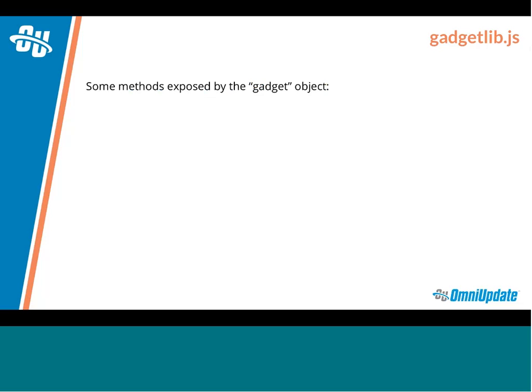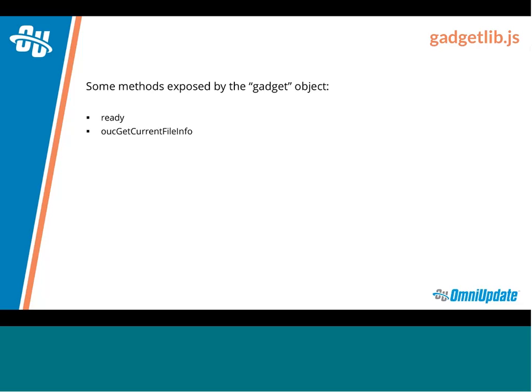Some of the most commonly used, some of the most sought after methods: Gadget Ready is required. It'll let you know when the gadget object has been fully instantiated and when the access token is ready for you to continue using the gadget.